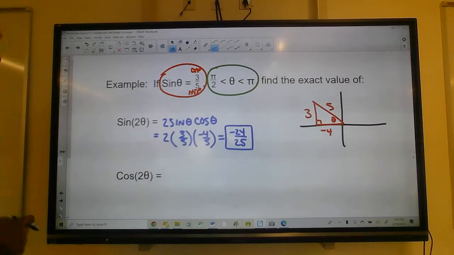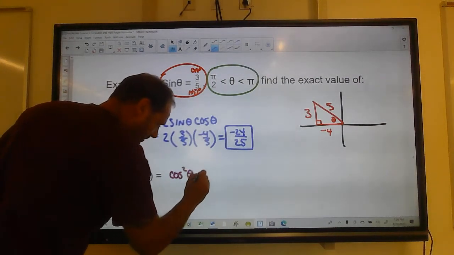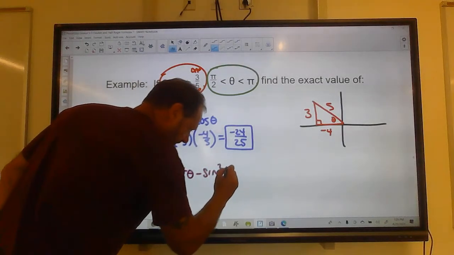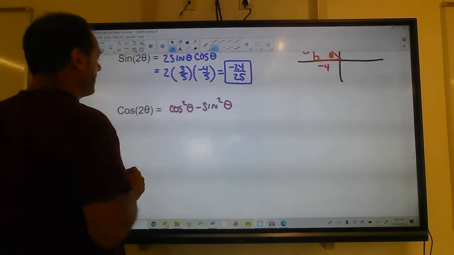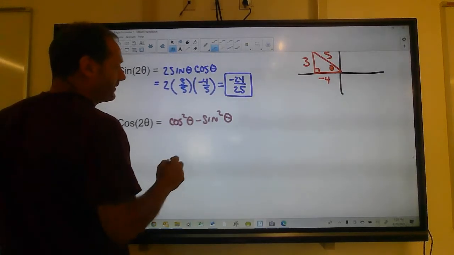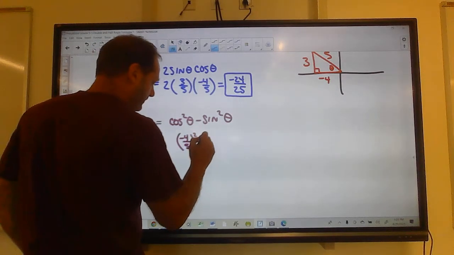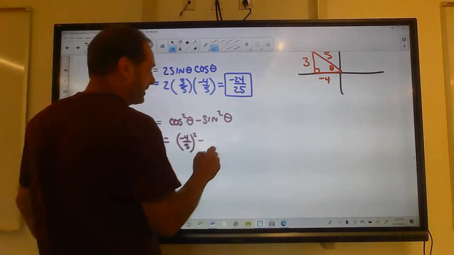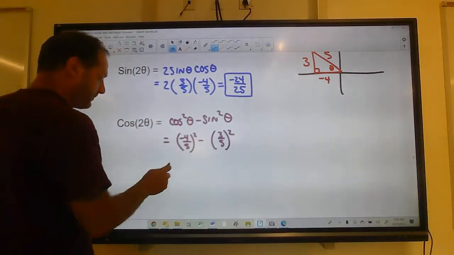Now the cosine of 2 theta, that's going to be cosine squared theta minus sine squared theta. So the cosine is going to be -4/5, and we're going to square that. And then the sine is going to be 3/5, and we're going to square that.